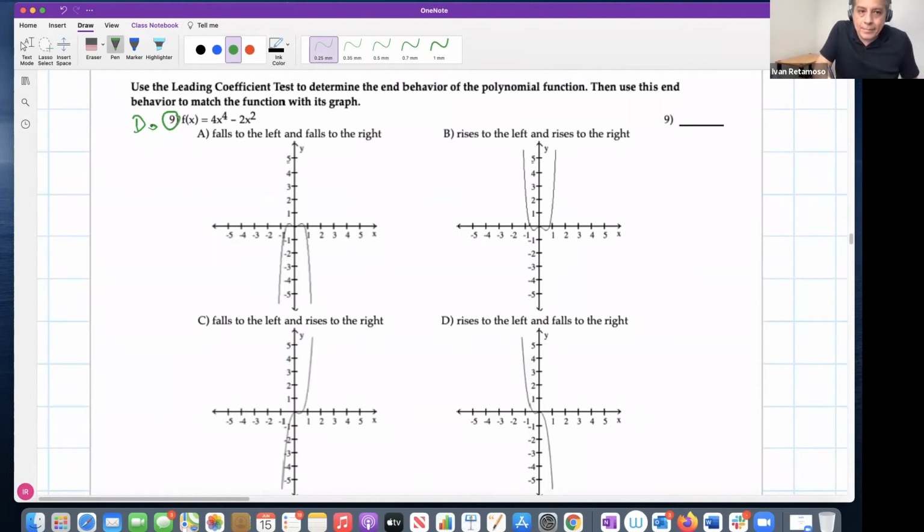Use the leading coefficient test to determine the end behavior of the polynomial function, then use this end behavior to match the following with its graph. Hint, as usual, guys: extract the leading term. Work with this guy. This will tell you. This is number 9.